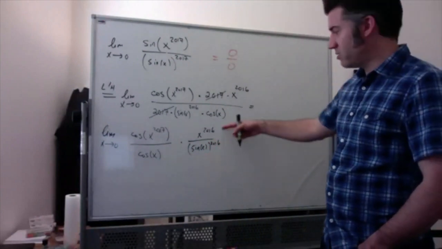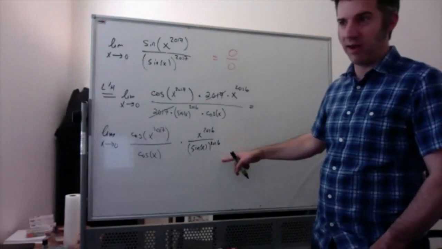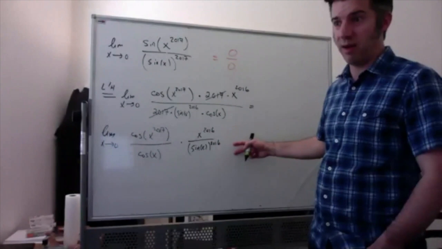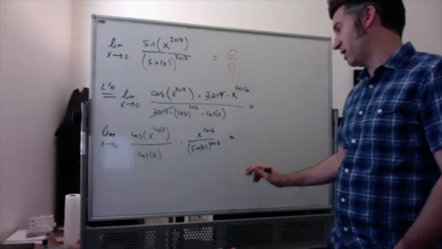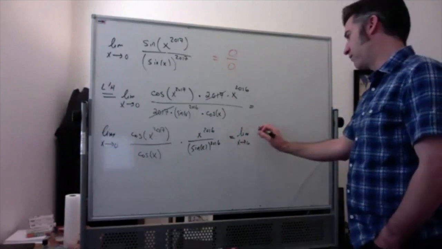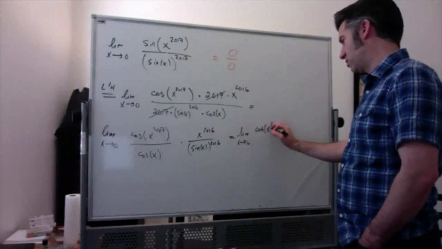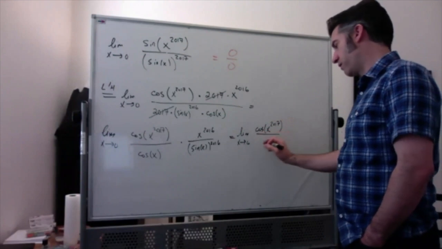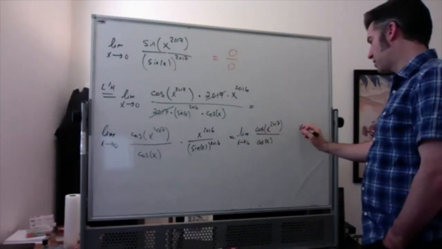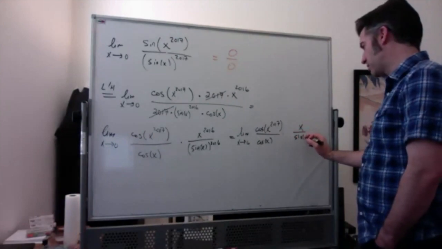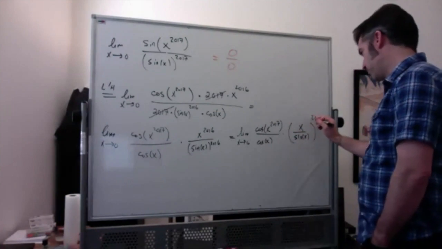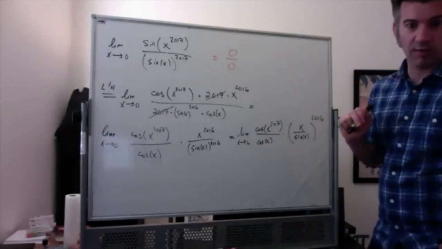When you have things to the same power divided, if I have something to a power over something to a power, I could write this as x over sine of x all to that power. So I could rewrite this as the limit as x goes to 0 of cosine of x to the 2017 power over cosine of x times x over sine of x to the 2016th power.